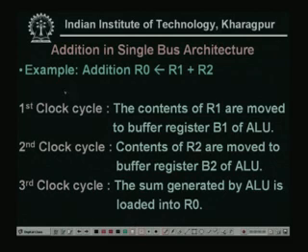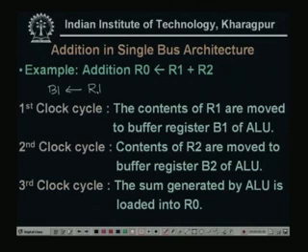First R1 is transferred to B1. B1 is my buffer register of ALU, because the addition must be performed by ALU. So, we have to transfer all this to ALU. So, first this is transferred.